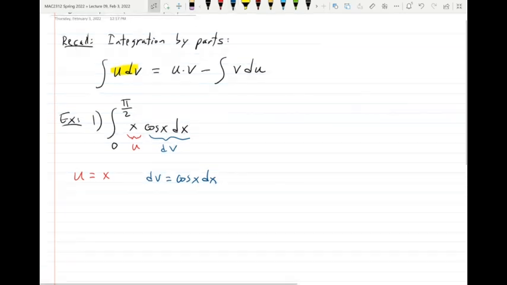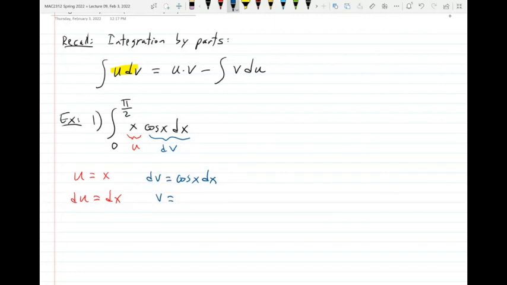Now we find the remaining two things that we need. We need du and we need v. Okay, so we take the derivative. du is just dx. And then to find v, remember we do this by integrating our dv. That's how you find v. You just integrate whatever your dv is. So what's the integral of cosine?